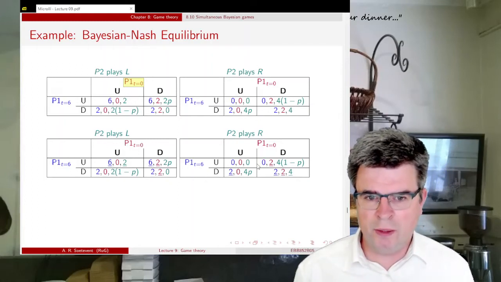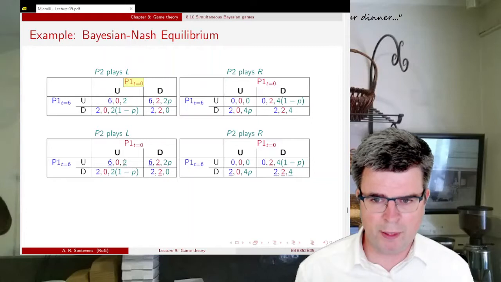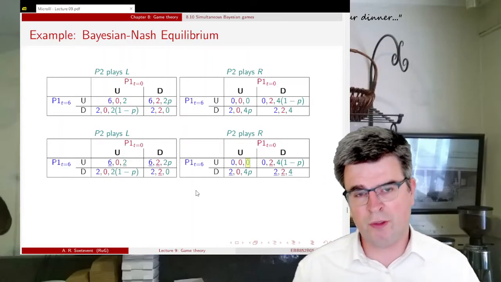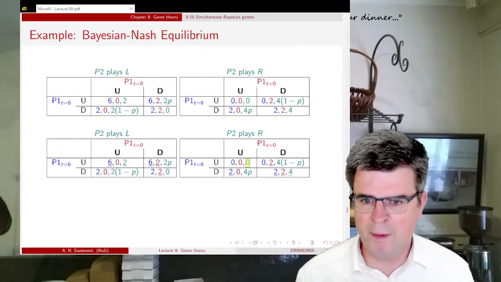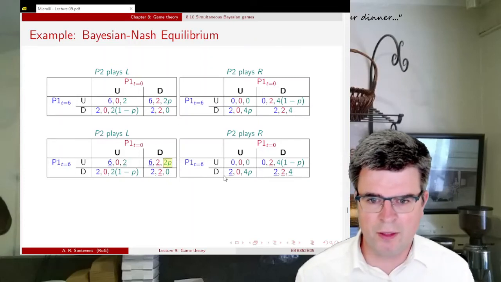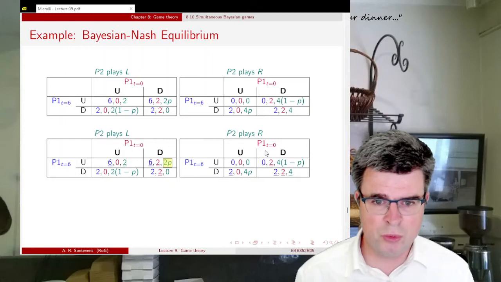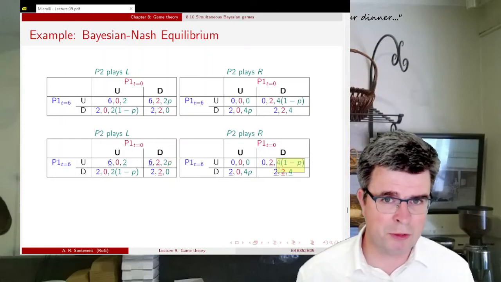We then also need to consider what's optimal for player 2 to do, playing left or right. Player 2 will compare the 2 here to the 0 here, because that's what is optimal given the strategies of the player 1 types. Now 2 is more than 0. Here he needs to decide: left gives me an expected payoff of 2p, choosing right gives an expected payoff of 1 minus p.